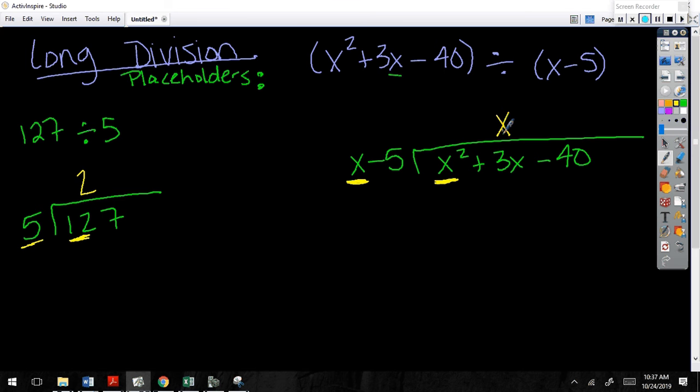But that x doesn't go with the 3x, it goes with the x squared? Because it's one x times x. When you did the division, you didn't put that 2 over the 1. You put it over the 2 because it's the tens column. It's going to be 20 something. This is x, it goes in the x column. Just keep them vertically lined up.